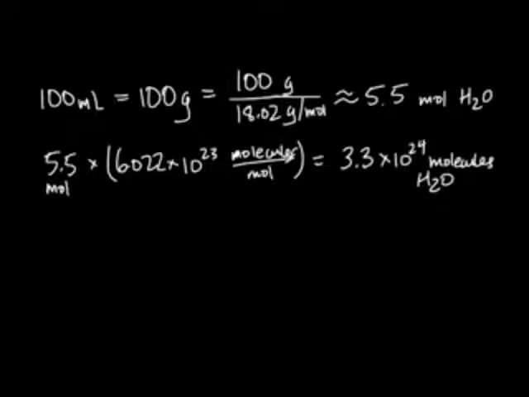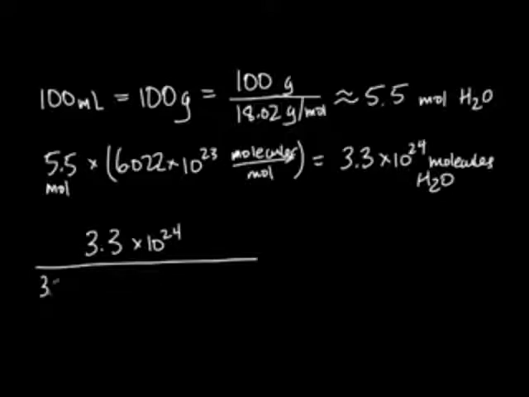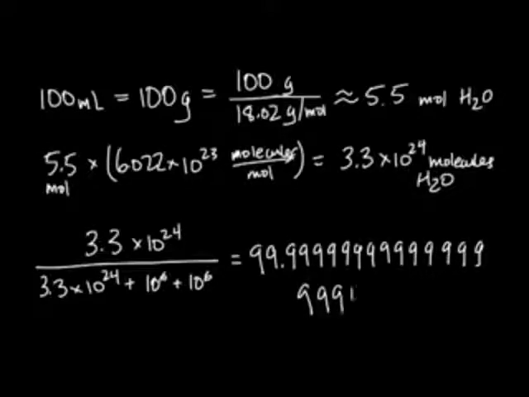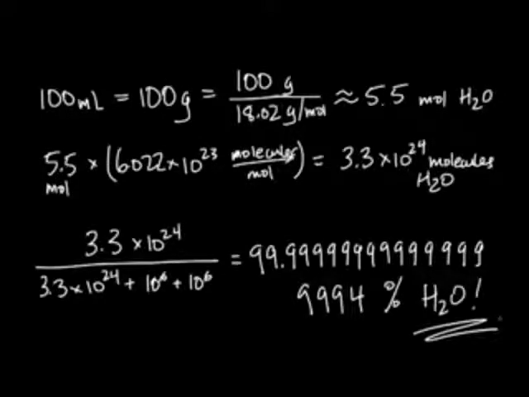So in any given volume of this solution, 3.3 times 10^24 over (3.3 times 10^24 plus 10^6 plus 10^6), so 99.99999999999999999999999% of molecules are non-reactive water. Clearly, successful collisions between the reactants would be very rare in this situation.